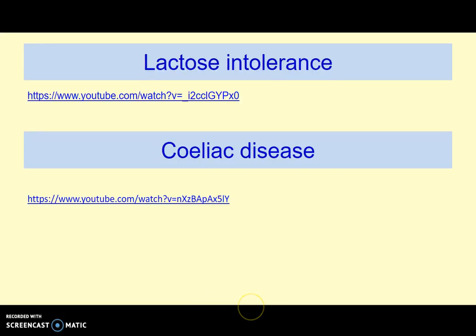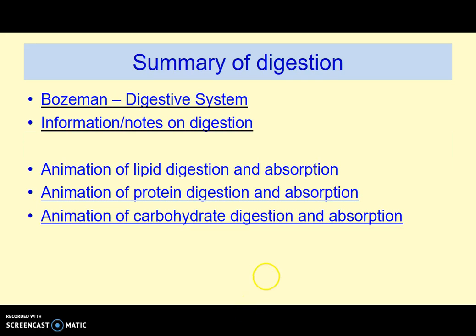In terms of extra places you can go to, Bozeman does a really nice video that summarises digestion. Here are some extra notes for you to read, and these animations just go over the digestion and absorption of those three groups of molecules. So worth looking at those as well.